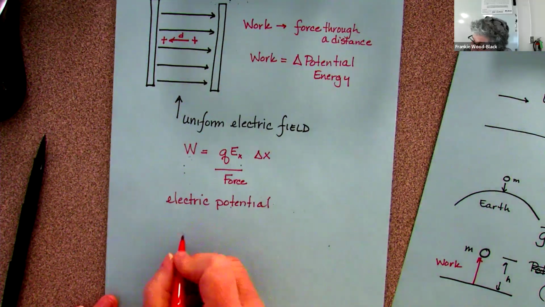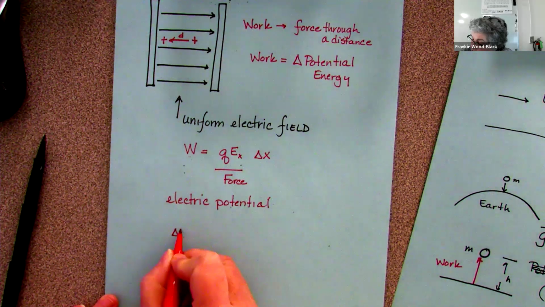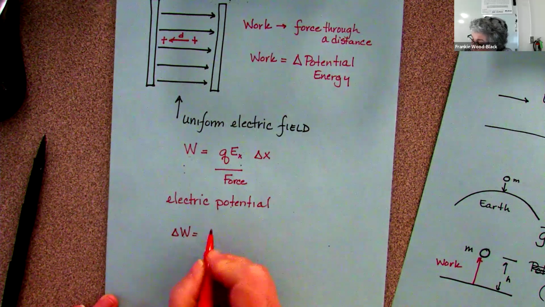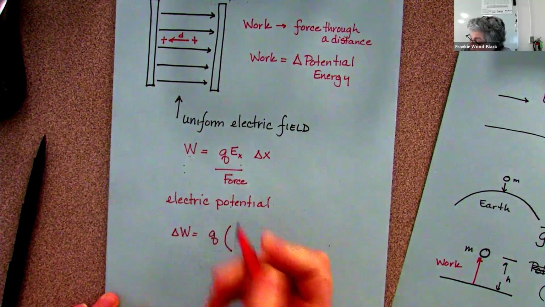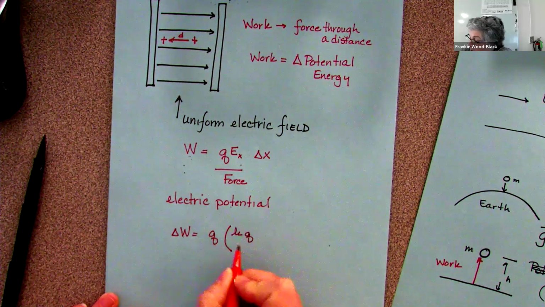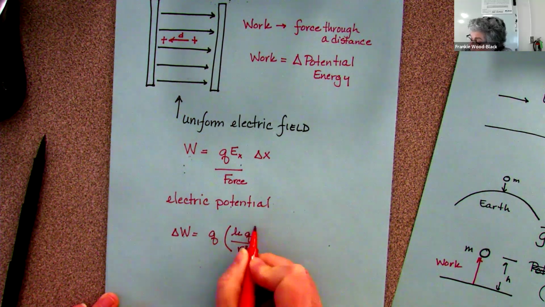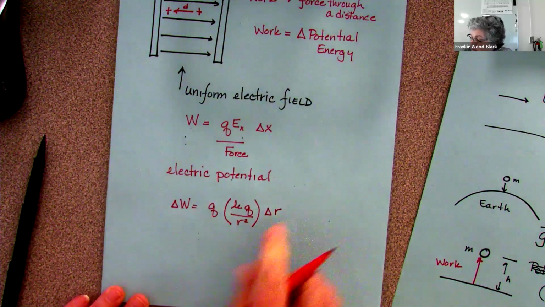So if I do this, I take my work. So my change in work is going to give me my Q. And then in here, I have my K, Q, R squared. And then I have my change in R. Guess what happens?